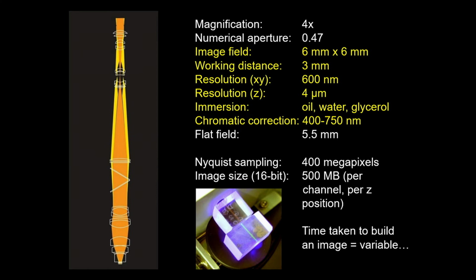We need maybe 1,000 images in the Z direction, so that takes us easily to terabytes, and that's with the fixed samples. So the amount of energy that's required to manage your data is increasing only exponentially. I mentioned here that the time taken to build an image is entirely variable, and I'll do my best to remember to explain how that manifests as we go through.